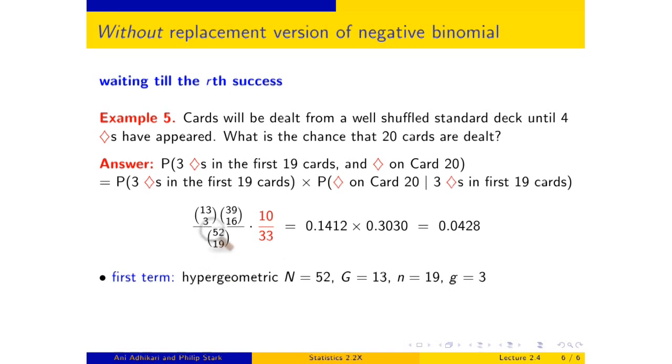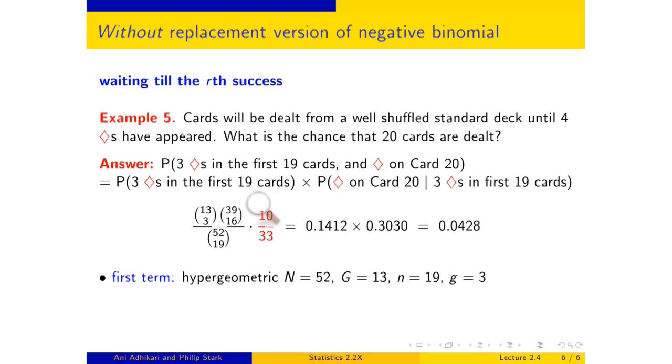And so you'll recall, population size, choose sample size. In the denominator is the number of possible samples, and in the numerator you have good cards in the population, choose good cards in the sample, bad cards in the population, choose bad cards in the sample. This is your hypergeometric term, which you can find out how much it is by using your handy probability calculator in your textbook, or you can do the cancellation.